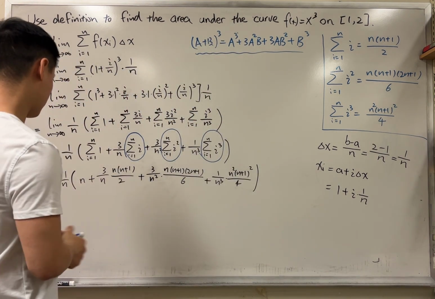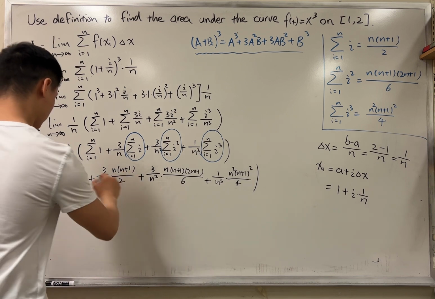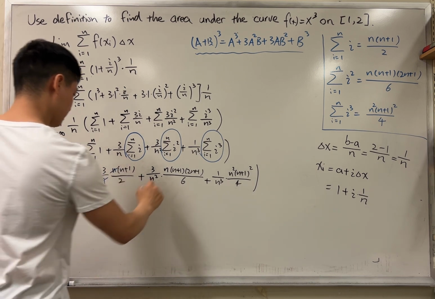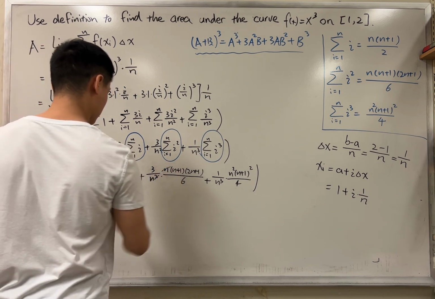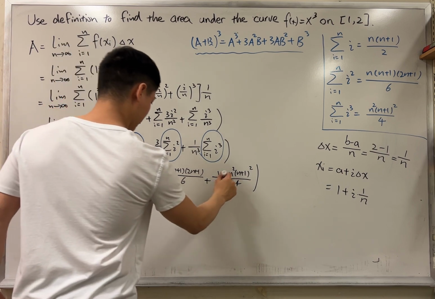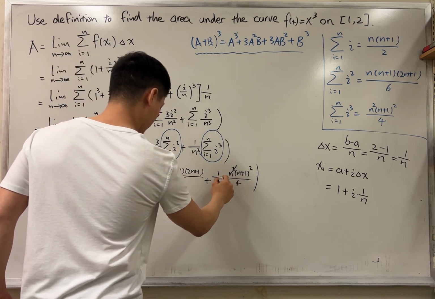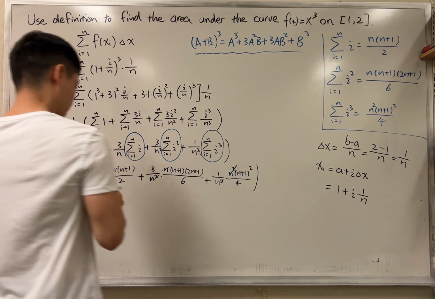And then we will have some simplification. Cancel, and then cancel this. And then for this one, we cancel this square with this cube.